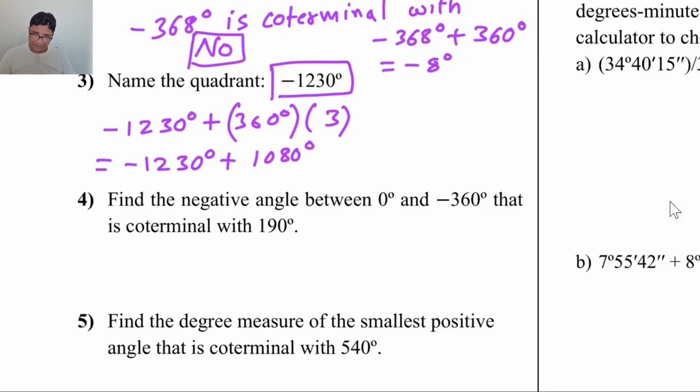So I can see that's negative 150 degrees now. Okay. At this point, you can determine the quadrant by sketching it if you want. Or if you want to add another 360 degrees so it becomes positive, that is also fine. Both ways it works.